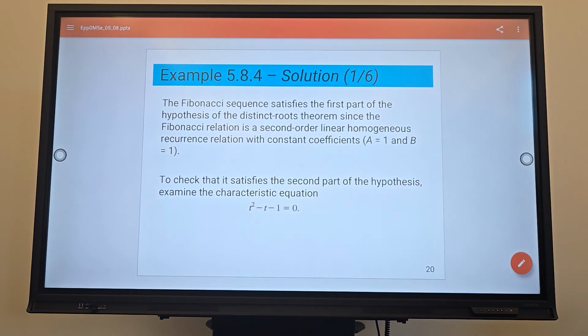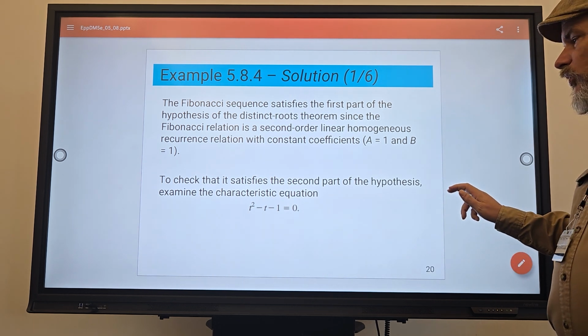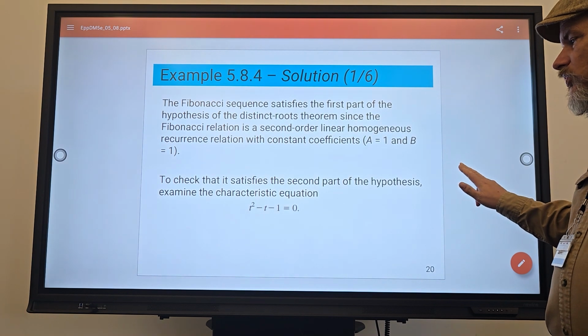Well, the Fibonacci sequence satisfies the first part of the hypothesis of the distinct roots theorem, since the Fibonacci relation is a second-order linear homogeneous recurrence relation with constant coefficients, a and b, both being equal to 1. To check that it satisfies the second part of the hypothesis, examine the characteristic equation t squared minus t minus 1 equals 0.